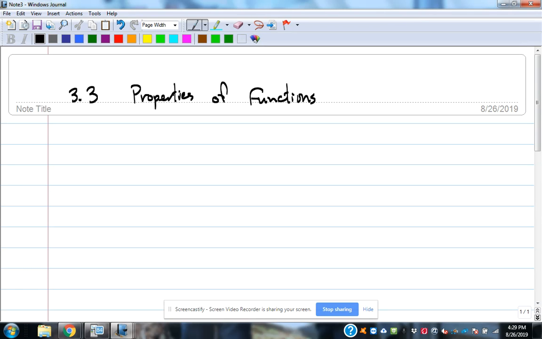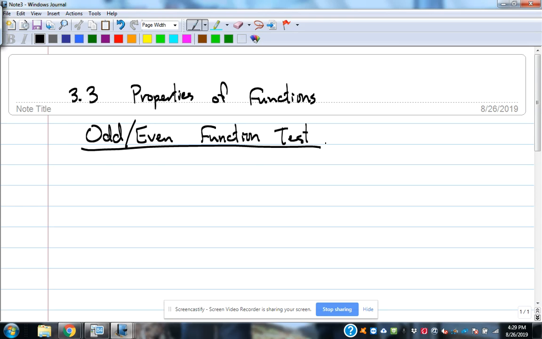So properties of functions. Functions can be considered odd or even. The odd or even function test. It's the same test for either one. Okay, odd functions and even functions. What you want to do is plug negative x into the function.